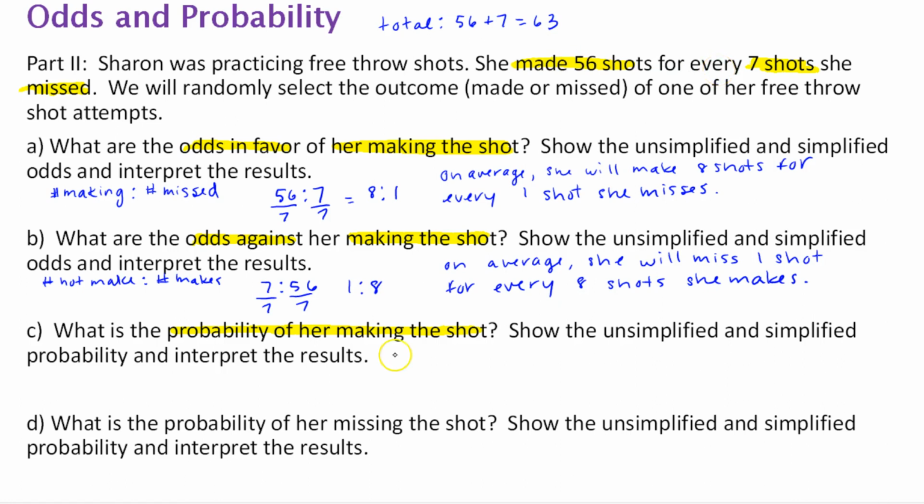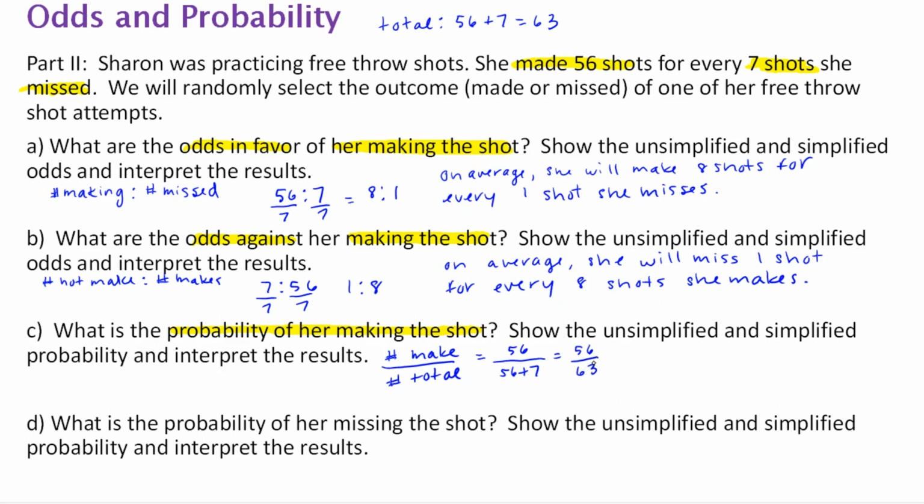So this would be, let's write that, number made divided by number total. Okay, so the number made is 56. Remember, we got the total by adding the 2 parts, 56 and 7, which is 56 over 63.